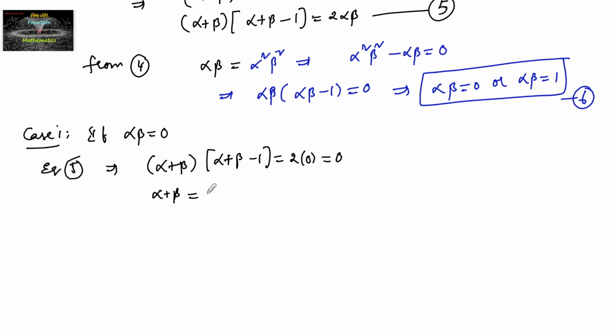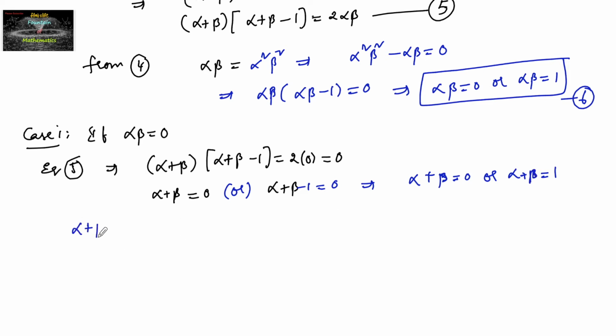So whereby we can also write alpha plus beta is equal to 0, or alpha plus beta minus 1 equals 0, that is alpha plus beta is equal to 0, or alpha plus beta is equal to plus 1. We are getting alpha plus beta is equal to 1.